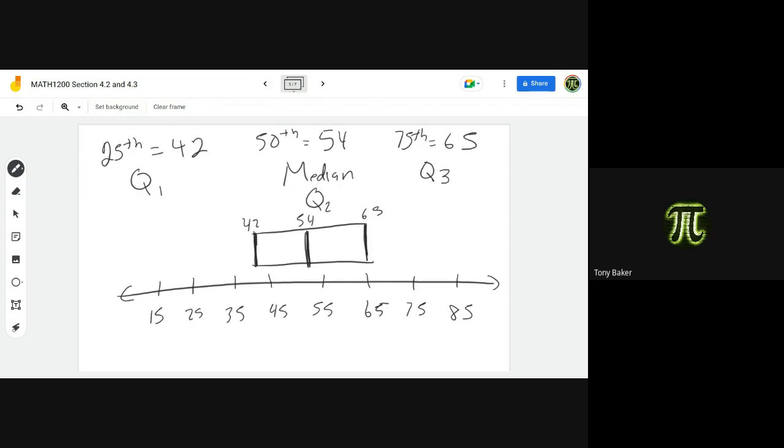Q1, the median, and Q3. Are we good up to there? Okay. My whiskers go to my min and my max. So my minimum was 18, and my max was 82. That's a box and whisker plot.